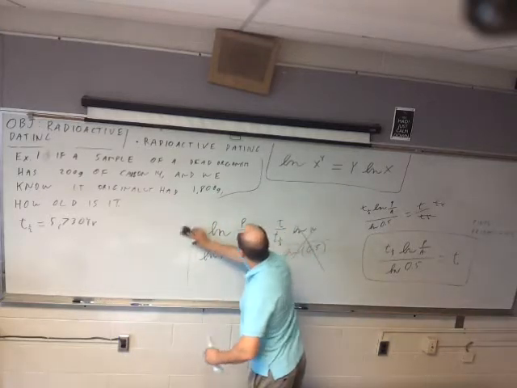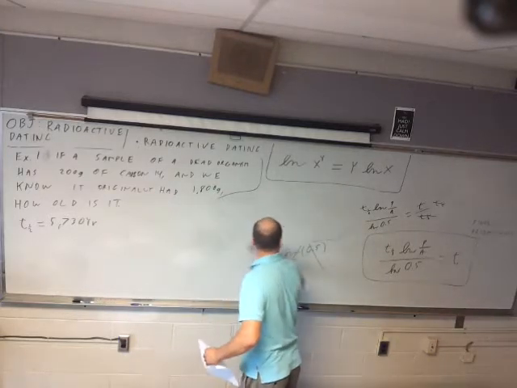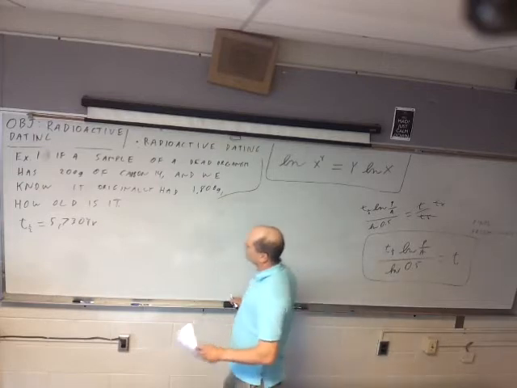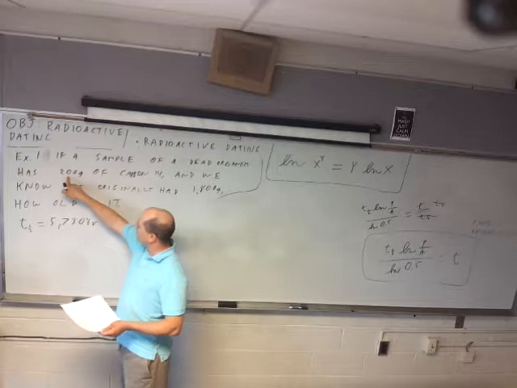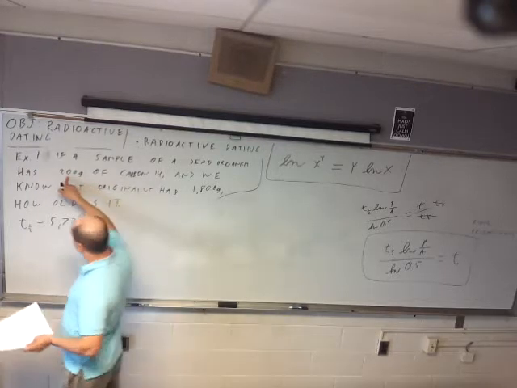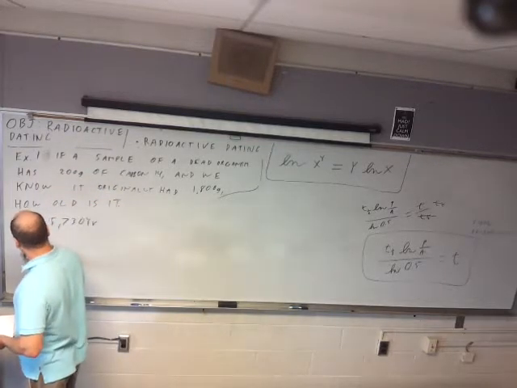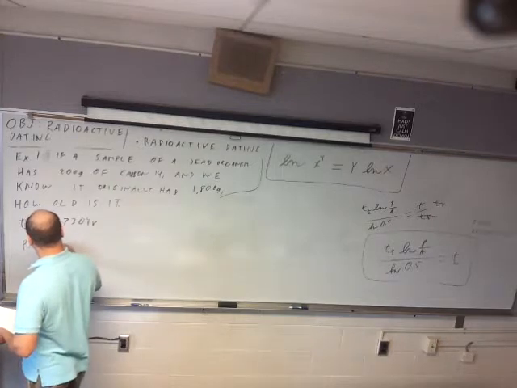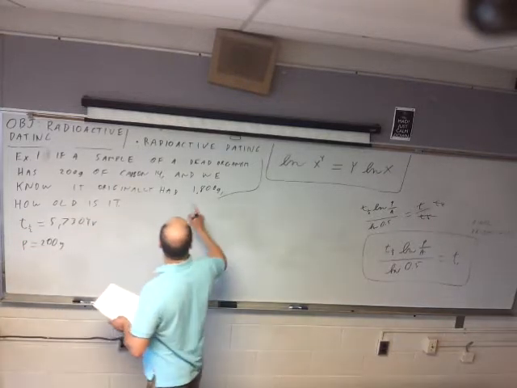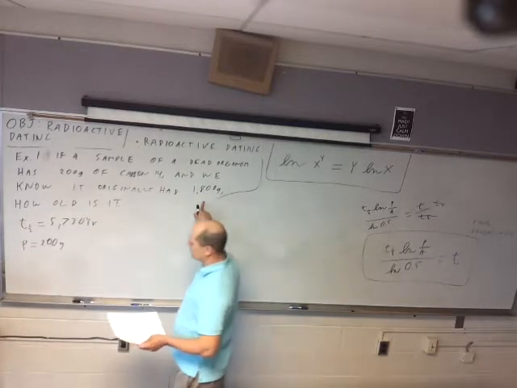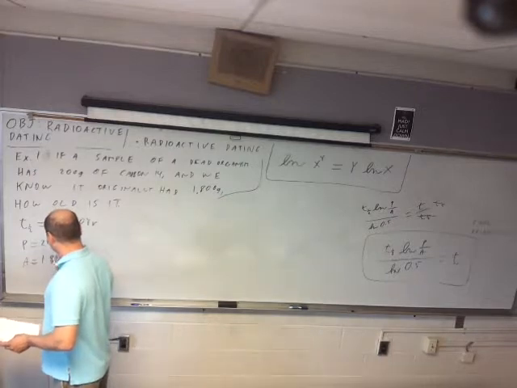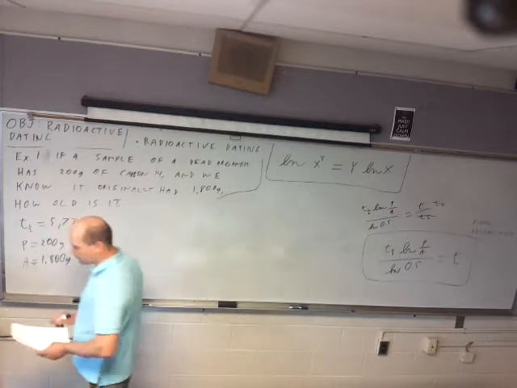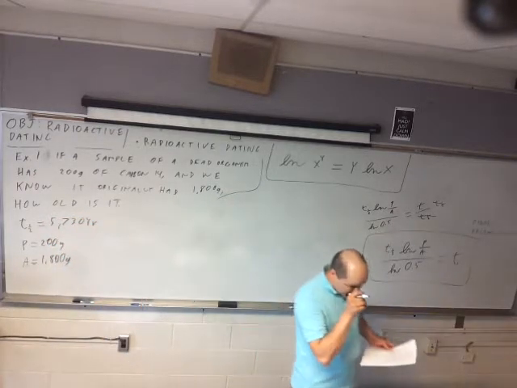All right, so let's list our givens. We got our half-life. The amount that we finished with, this is the present amount, so this is your P, is 200 grams. The original amount was 1,800 grams. And that's all the information we need.